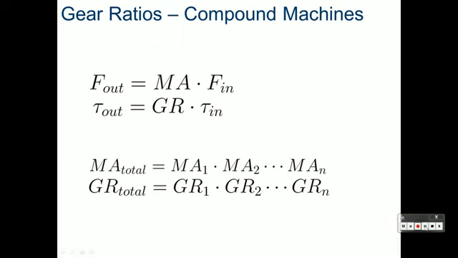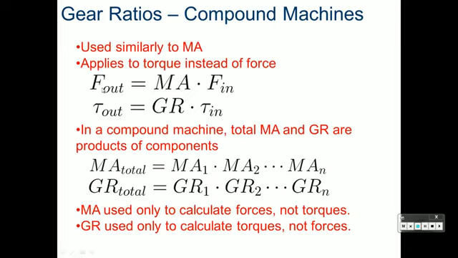Gear ratios with compound machines are very similar to figuring out mechanical advantage for both simple and compound machines. When I look at forces, for mechanical advantage, I have my force out equal to my mechanical advantage times my force in, which is the same thing as saying FR over FE. When I'm talking about gears, I have my torque out equal to my gear ratio times my torque in.